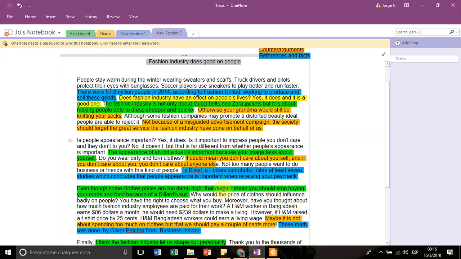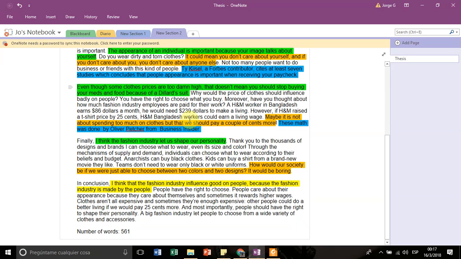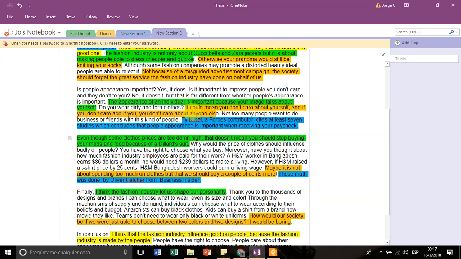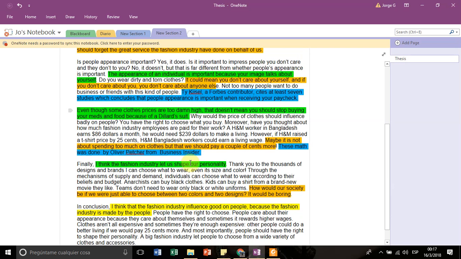The first paragraph is the introduction. The body is the paragraphs that are in the middle, the paragraphs before the last paragraph, which in this case there are three of them, three paragraphs for the body, because I wrote three arguments. And you should also have three paragraphs, because you should write three arguments.